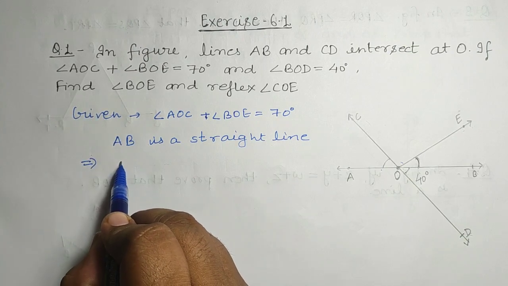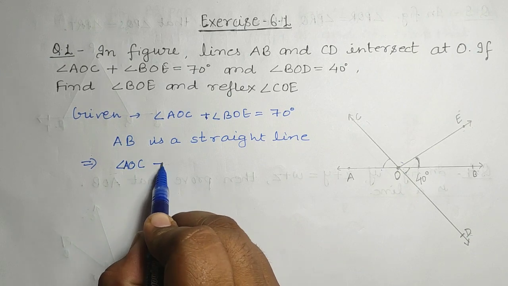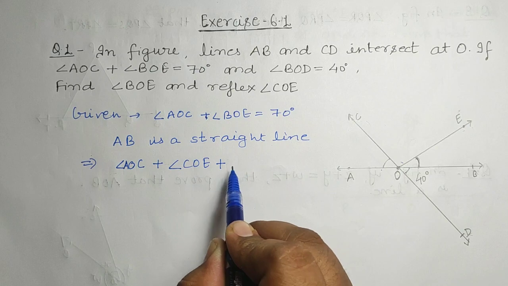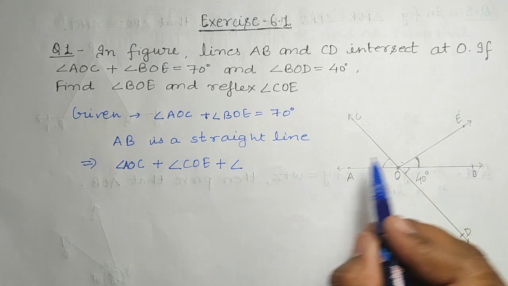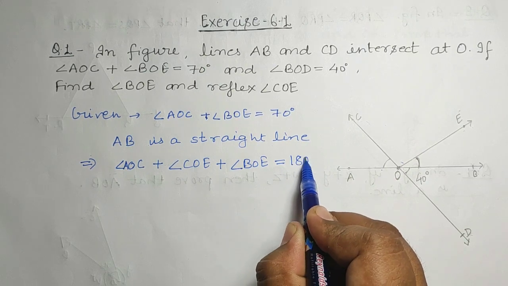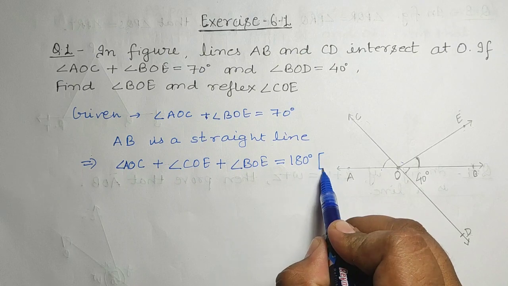So here we can write that angle AOC plus angle COE plus angle BOE, the sum of all these should be equal to what? 180 degrees. Why? Because they are linear pair of angles, na?